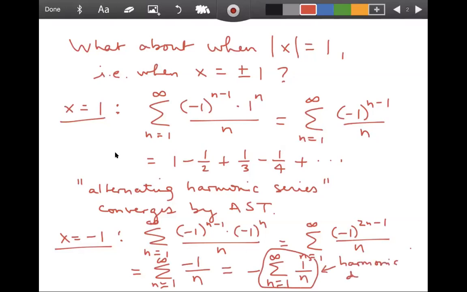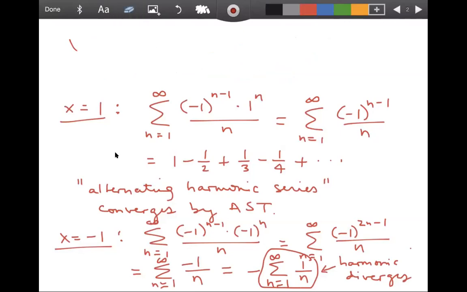And we know that that series diverges. And if you just stick a -1 in front of a divergent series, it's still a divergent series. All right, so what we have is the following.